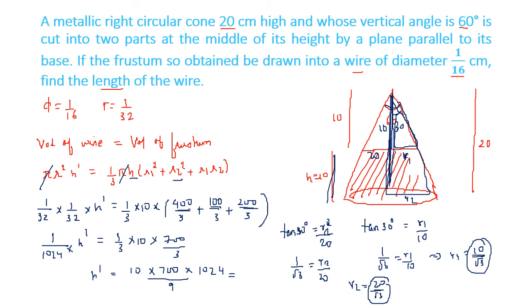This should give us the approximate answer, that is nearly equal to 798,777.77 centimeter. So converting into meter we get 7987.78 meter. So here we used trigonometry to find out r1 and r2, and then we found out the length of the wire.